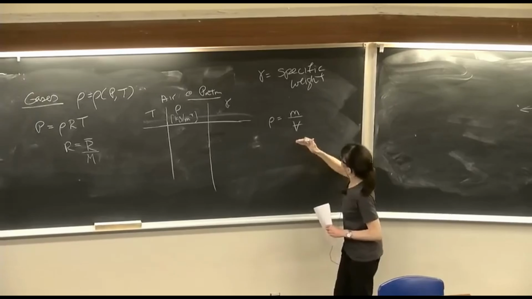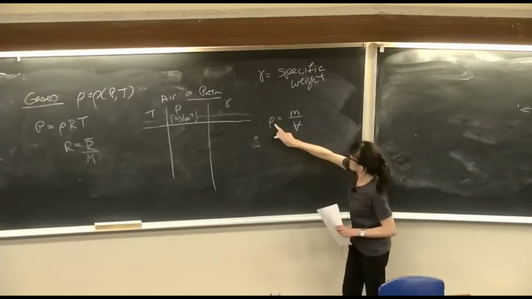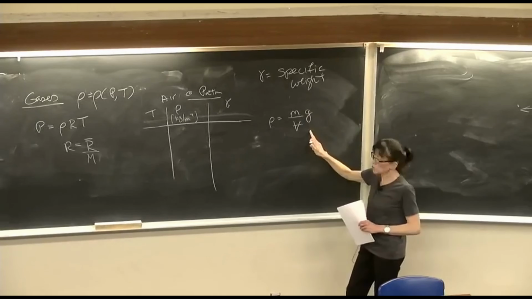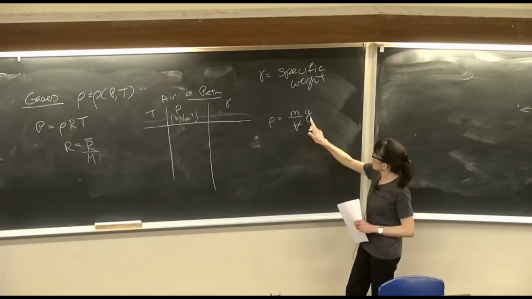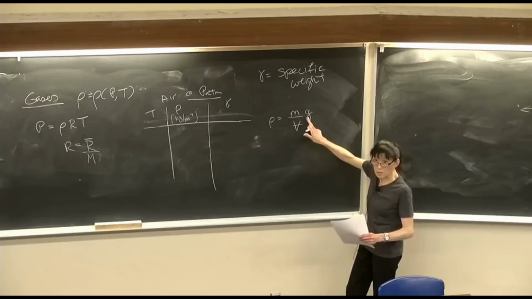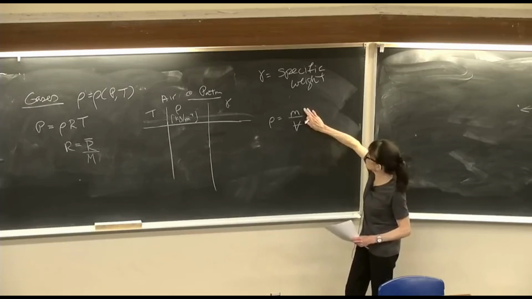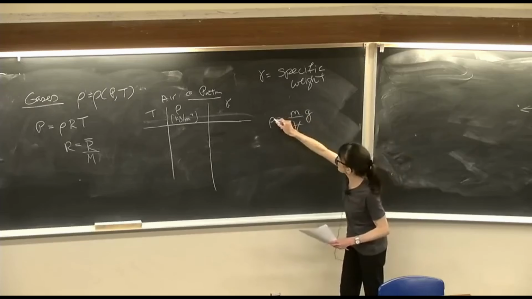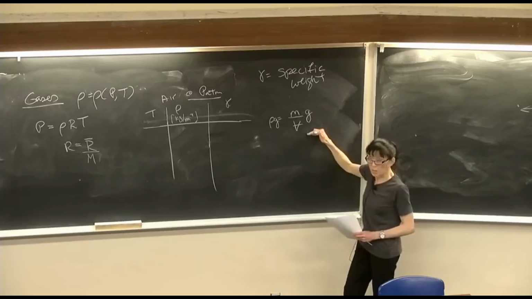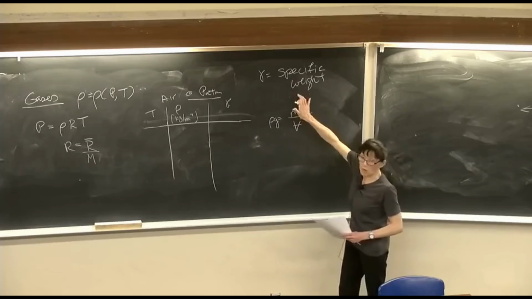specific weight. So if you take density and multiply by gravitational acceleration, mg, okay, mg then is a force or weight, right? So this was mass per unit volume, but if you multiply by g, then you have weight per unit volume. And that's the specific weight. Okay?